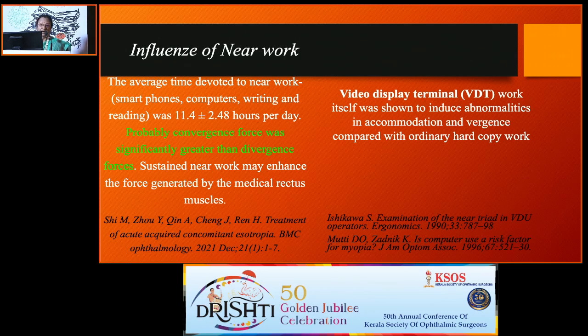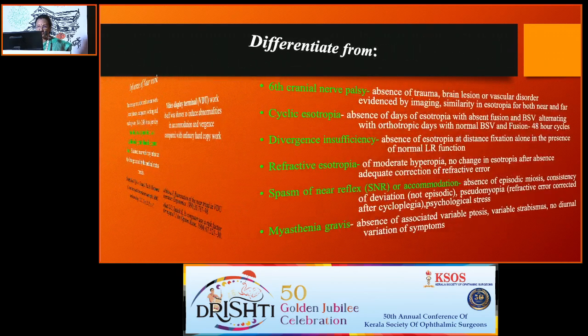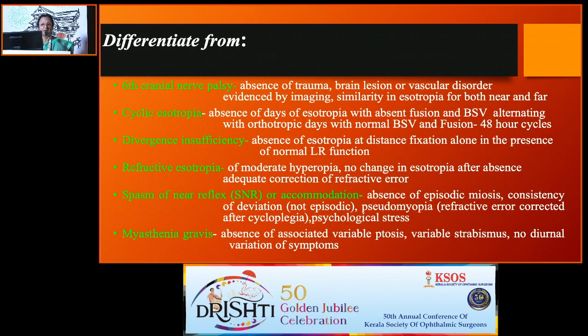The influence of near work is well documented. Probably the convergence force was significantly greater than the divergence force, and you have to differentiate it from sixth cranial nerve palsy, cyclic esotropia, divergence insufficiency, refractive esotropia, spasm of near reflex, and myasthenia.